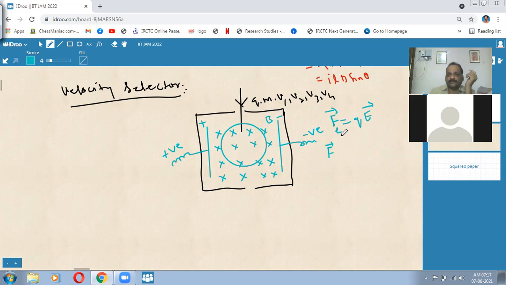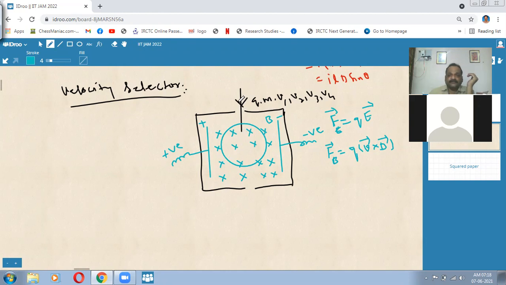This is electric force, this is magnetic force, FB equal to Q into V bar cross B bar. But in this region, both electric field and magnetic field are acting simultaneously.